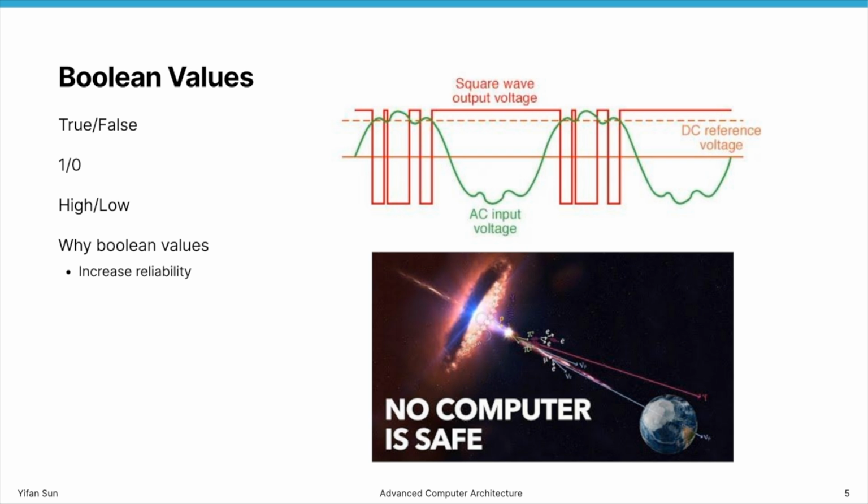Although we consider digital logic to always work in 0 and 1, high voltage and low voltage, internally every digital circuit is actually an analog circuit. When we say analog circuit, it has no 0 and 1. It's always a continuous voltage or current.